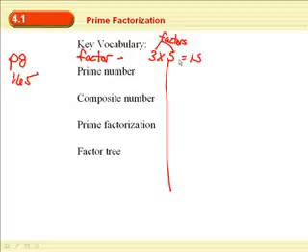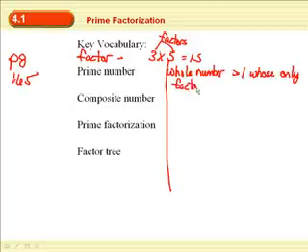So if you guys will look, prime number, and I'm on page 165, a prime number is a whole number greater than 1 whose only factors are 1 and itself.